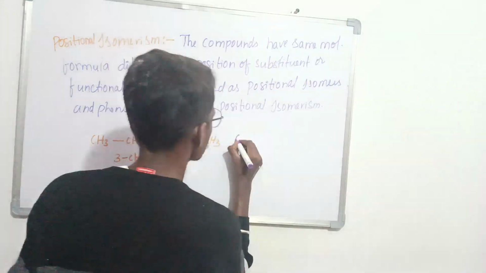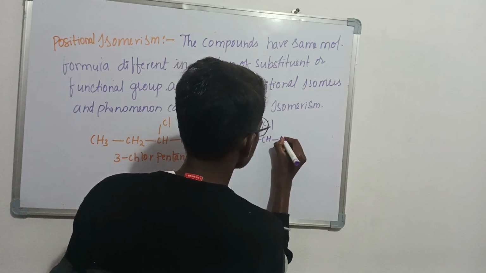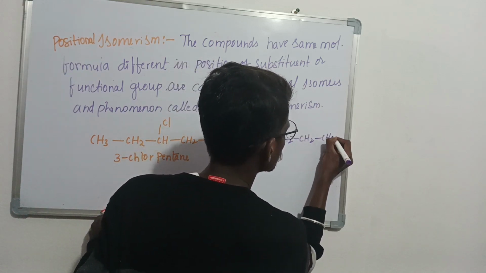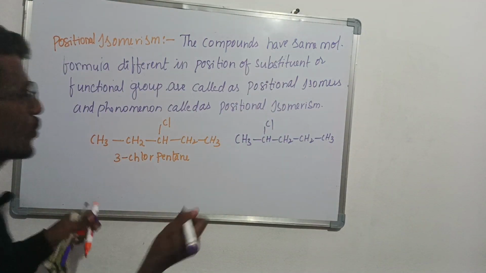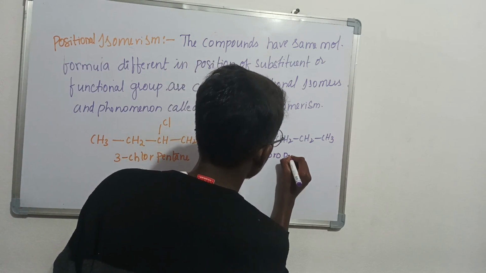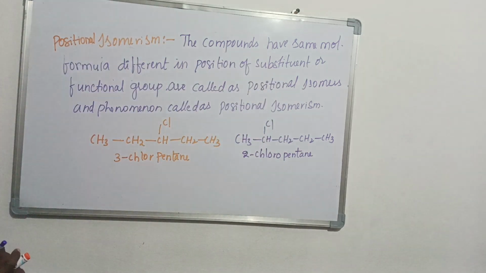We'll see the same with CH3, CH chloro, CH2, CH2, CH3. This is 2-chloropentane.